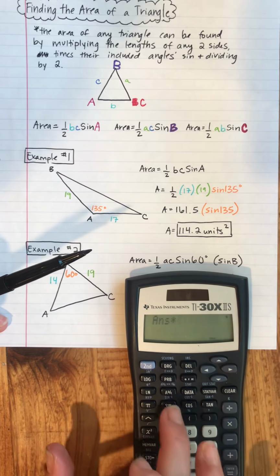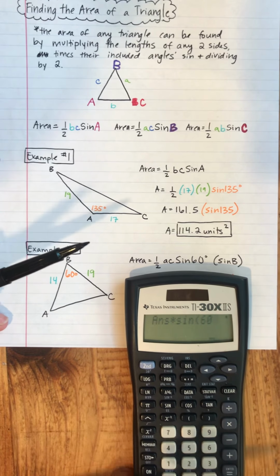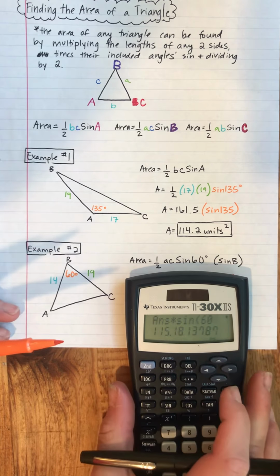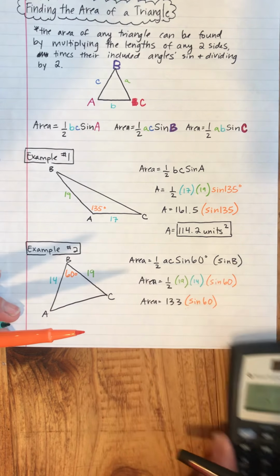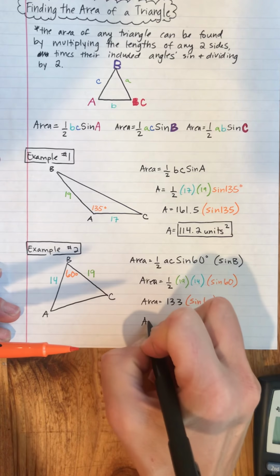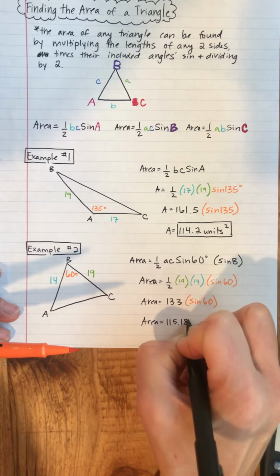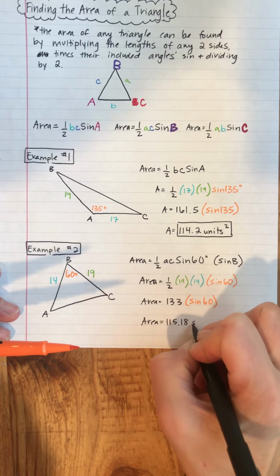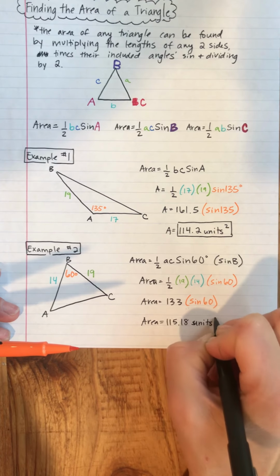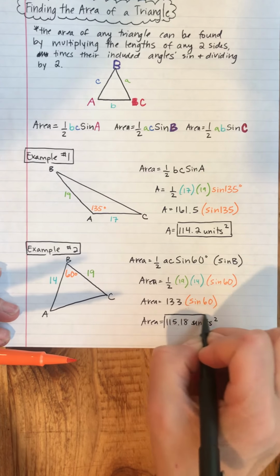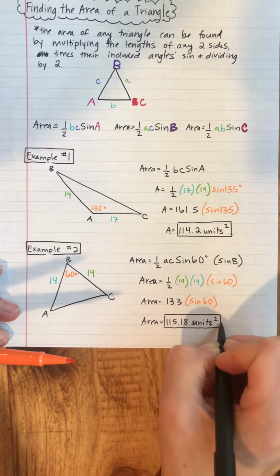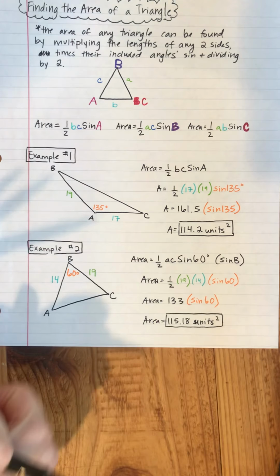So times the sine of 60, and that is going to give me an area of 115, and we'll say 1800ths. So my area equals 115 and 1800ths units squared. Or square units, either one is acceptable when they don't give you actual units.